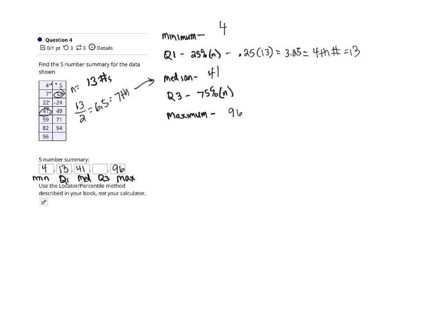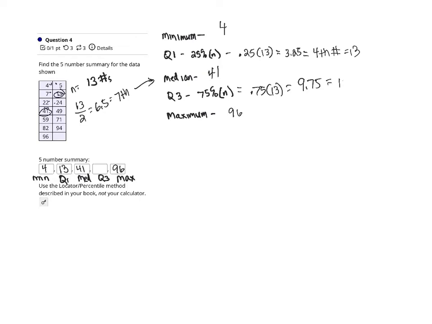Now, for the 75%, we're going to multiply 0.75 times 13, again, use your calculator. You put in 0.75 times 13, and you get 9.75. That's a decimal number. That's a good thing, and I'll show you in the next problem why, when we don't get a decimal number, there are extra steps.